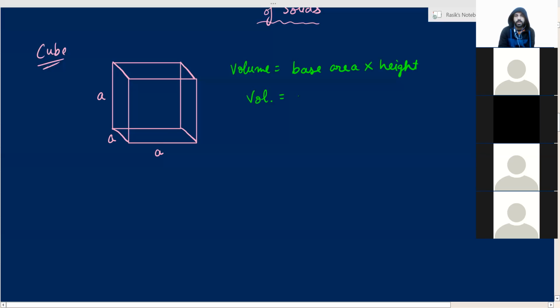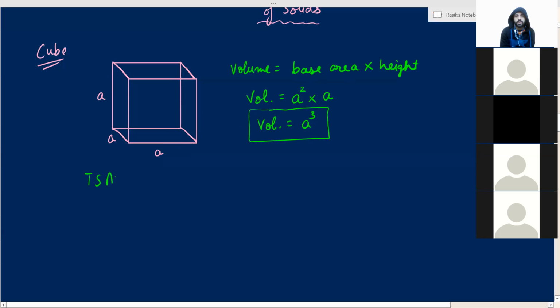The area of a square is side square. That means A square. In this case, the height of the cube is also A because it is a cube. The height is same as the length and breadth. Everything is same. So we get the volume equals A cube.